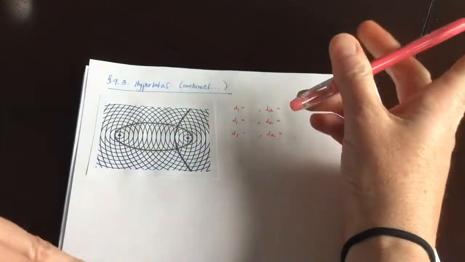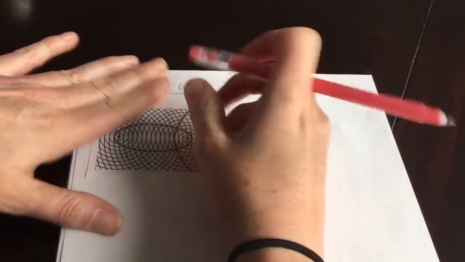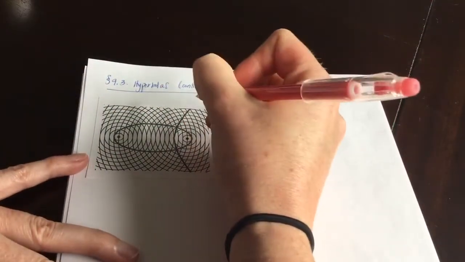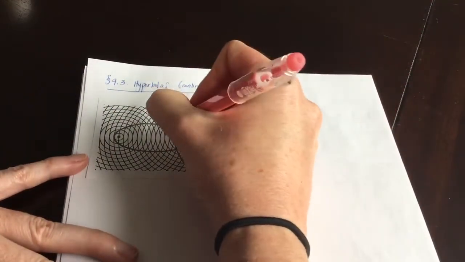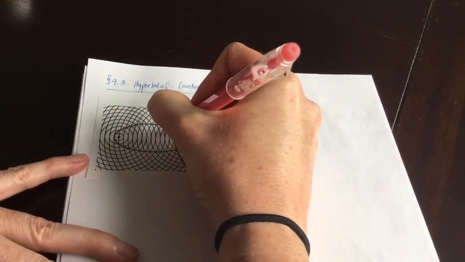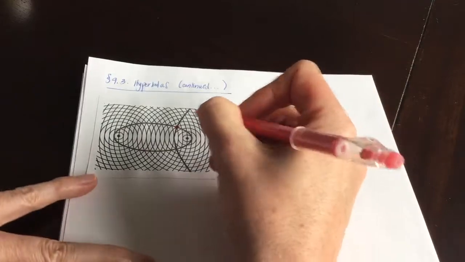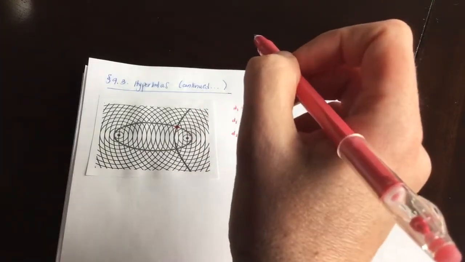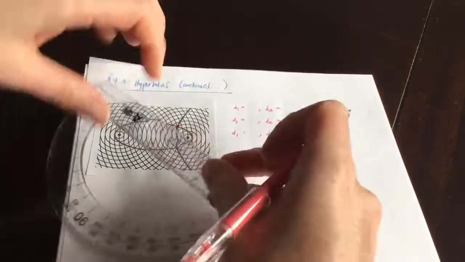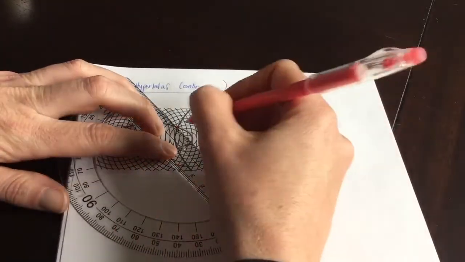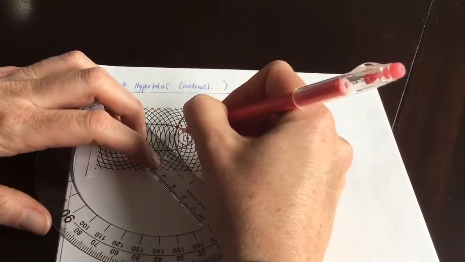Okay, so let's say I pick this point right here. It's on the hyperbola, just happens to also be on the ellipse. If I was to figure out how far it is from this focus, 1, 2, 3, 4.